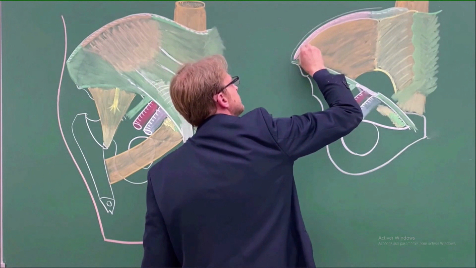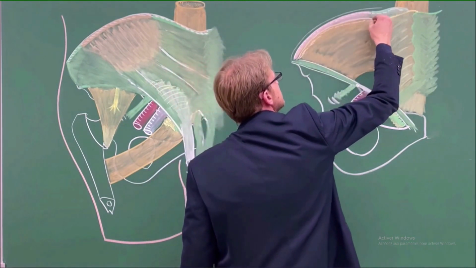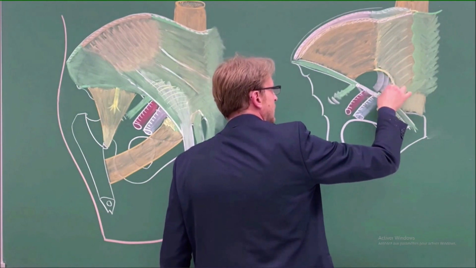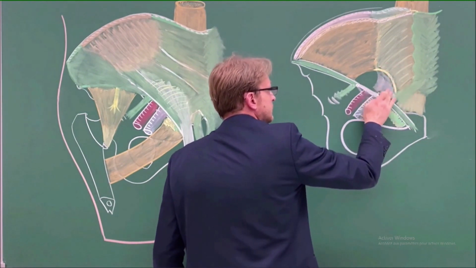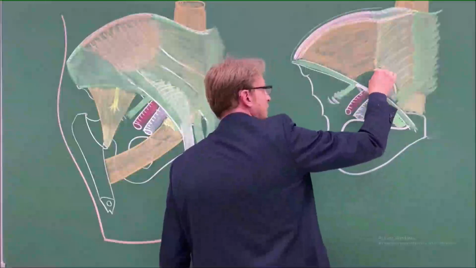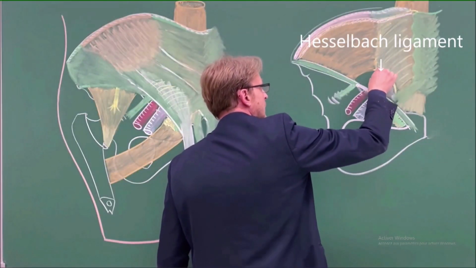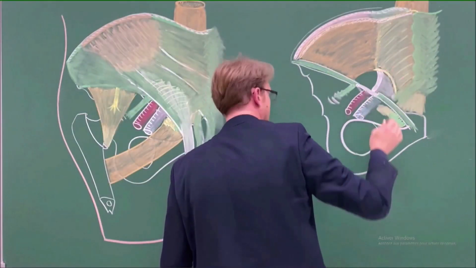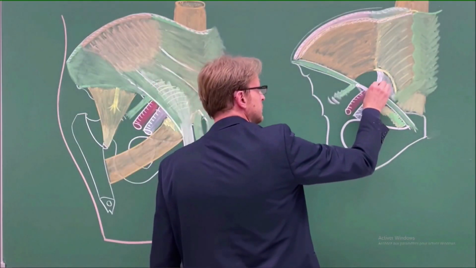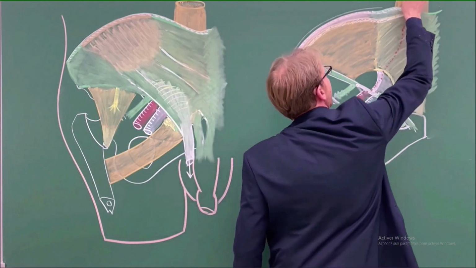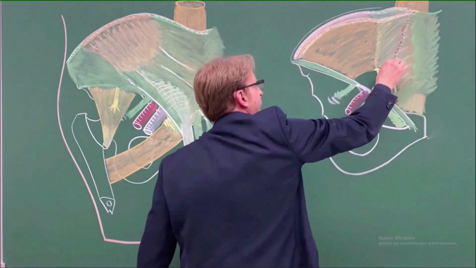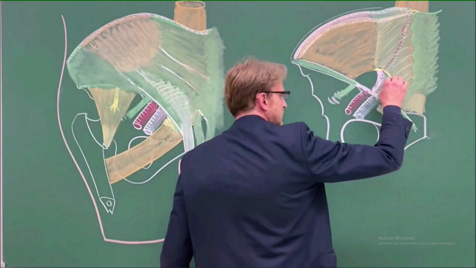Here are the deep structures. And here, below the conjoint tendon, we will find some transversalis fascia with a ligament. Right there is the Hesselbach ligament or interfoveolar ligament. On this ligament, we will find the vessels, epigastric vessels, coming from the external iliac vessels and running in the posterior part of the rectus sheath.